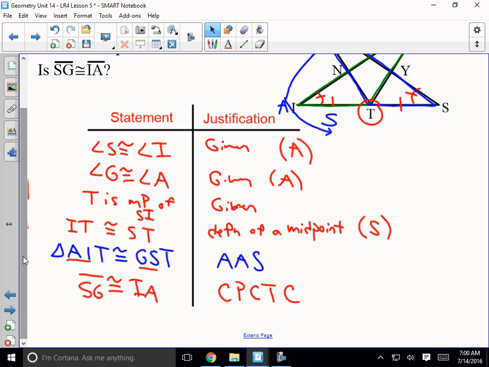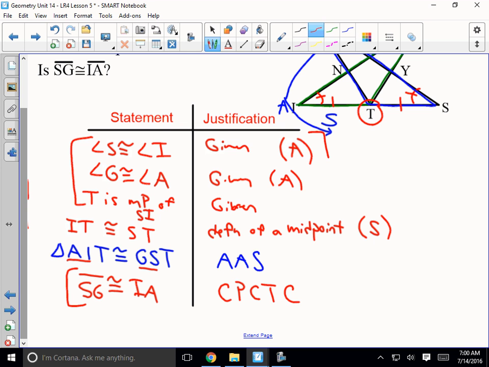CPCTC. So remember, when we start out our proofs, you always want to start out with your given information. You want to finish the last entry with what you're trying to prove. We know that these pieces are given.